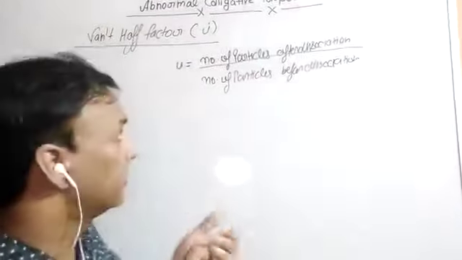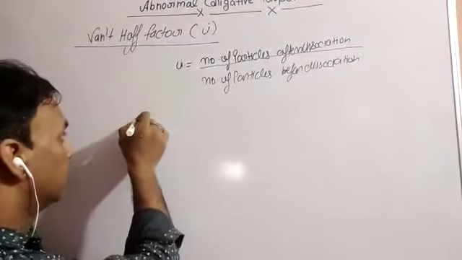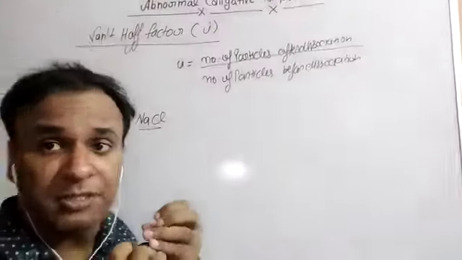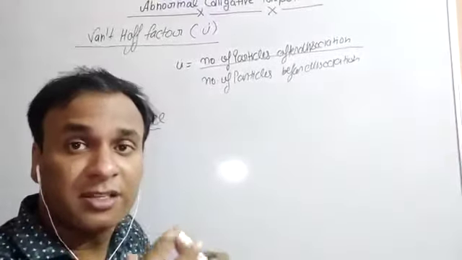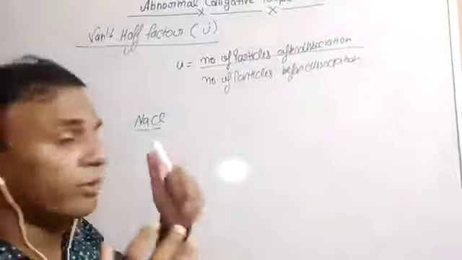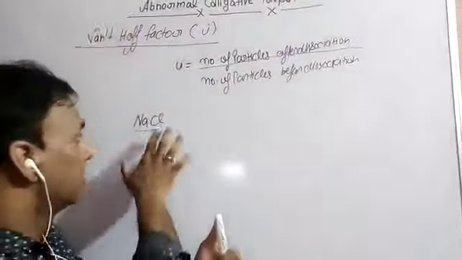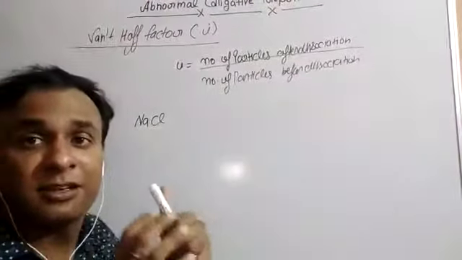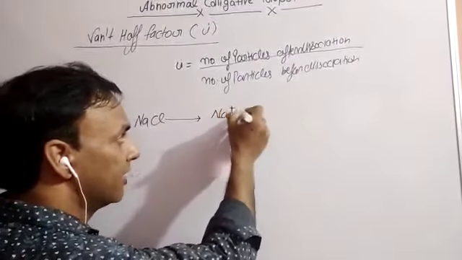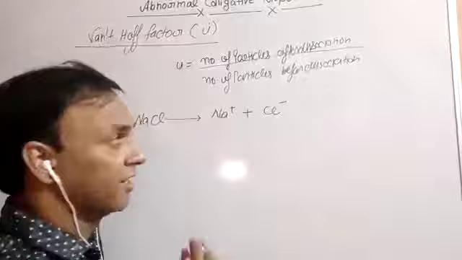Clear? For example, sodium chloride. This is a simple example. Sodium chloride is considered to be a strong electrolyte. That means whenever sodium chloride is taken in aqueous solution, it is considered as complete ionization, meaning it gives Na plus and Cl minus.